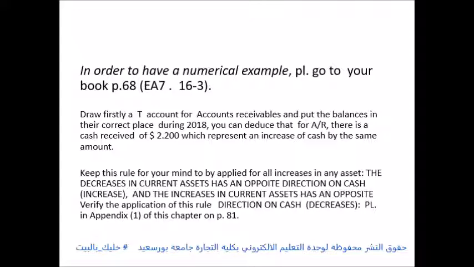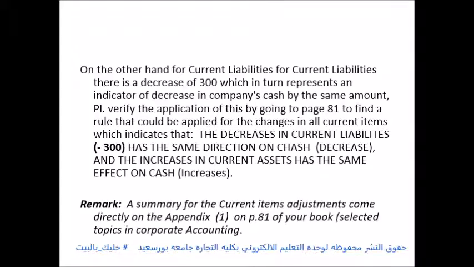Verify this application on cash decreases and increases in Appendix 1 of this chapter, page 81.